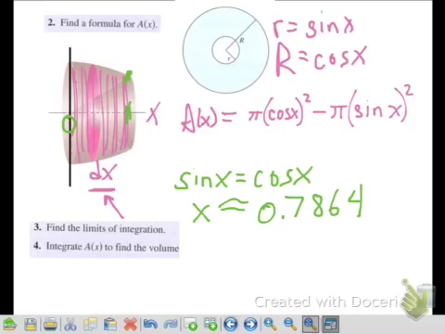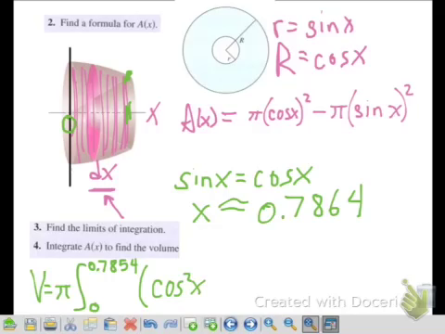We're going to write out our volume then with an integral. Now often the pi will be factored out. We're starting at 0 to 0.7854, and then we subtract our larger radius squared minus our smaller radius squared.